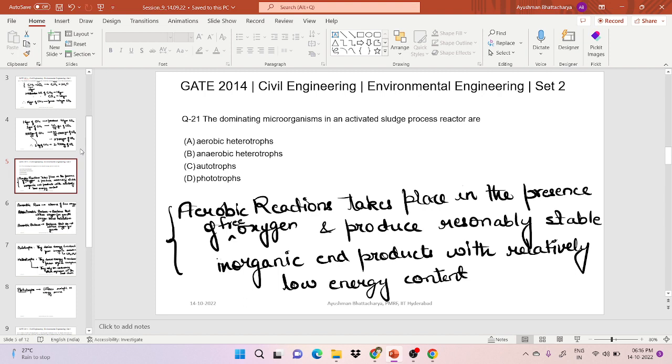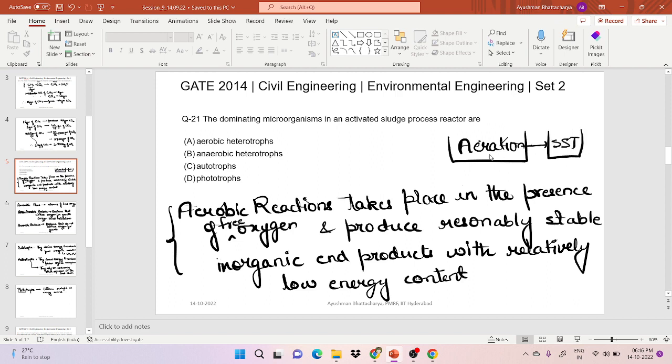So the dominating microorganisms in an activated sludge process reactor are: A, aerobic heterotrophic; B, anaerobic heterotrophic; C, autotrophic; D, phototroph. In the activated sludge process, we know that there is aeration, primary sedimentation, then followed by the secondary sedimentation tank.